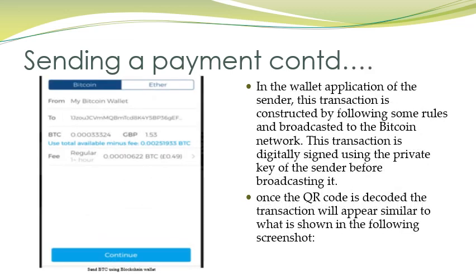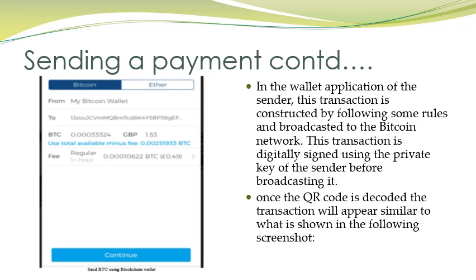In the wallet application of the sender, this transaction is constructed by following some rules. The transaction is constructed with the receiver's address and amount, and this transaction is digitally signed by the sender. The sender will use its private key to sign the transaction, and then that transaction is broadcasted on the Bitcoin network. Once the QR code is decoded, the transaction will appear similar to what is shown in the screenshot.